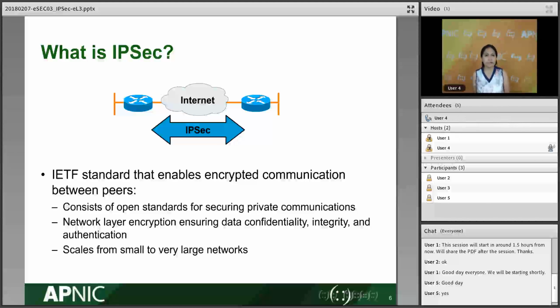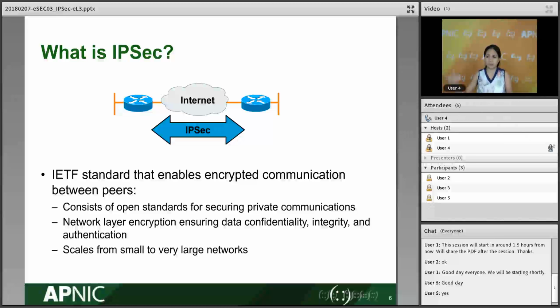A few more things about IPsec here. It's an IETF standard that enables encrypted communication between peers. So again, it's normally used between networks. It's an open standard and it scales from very small to very large networks. For home networks, if you want, you can always set up IPsec. A lot of small routers do have support for IPsec already. Usually it's just one page or one configuration that you tick.